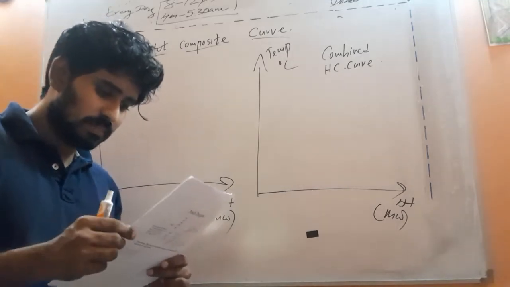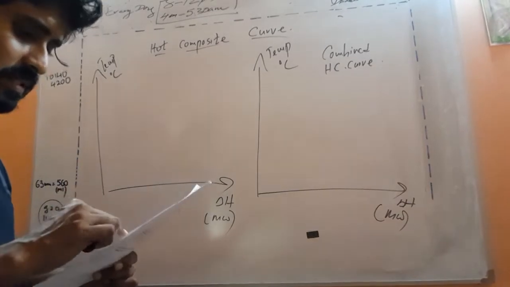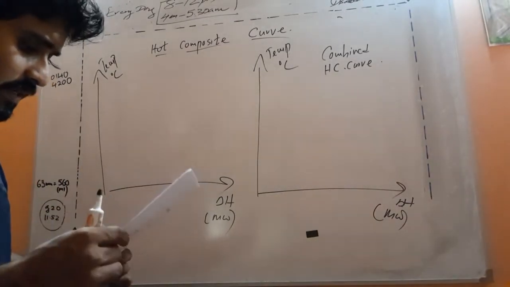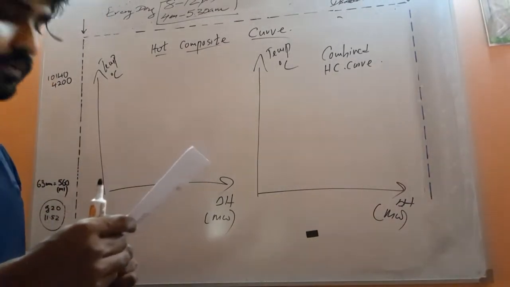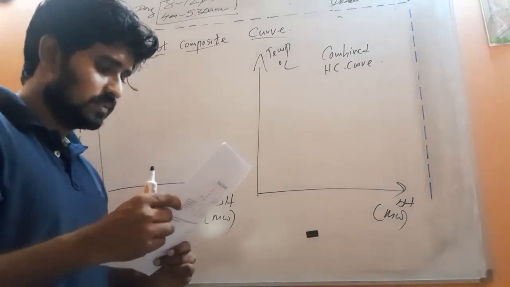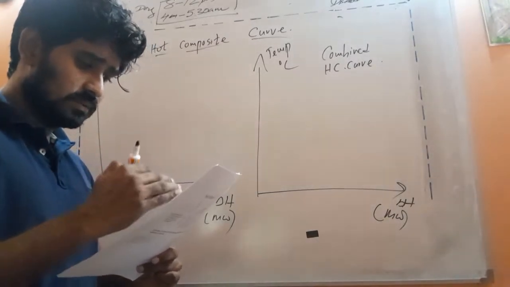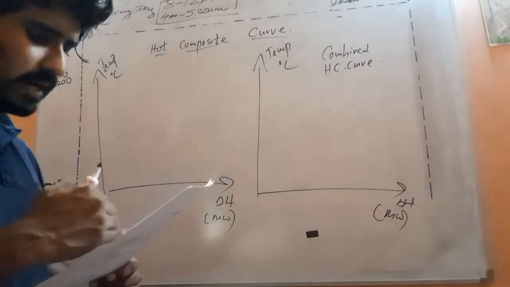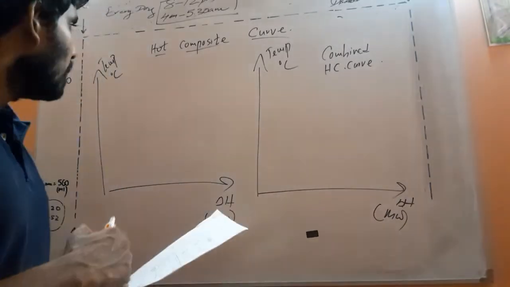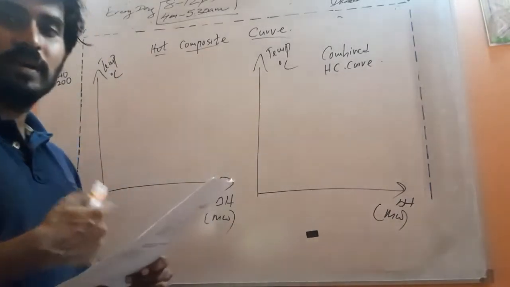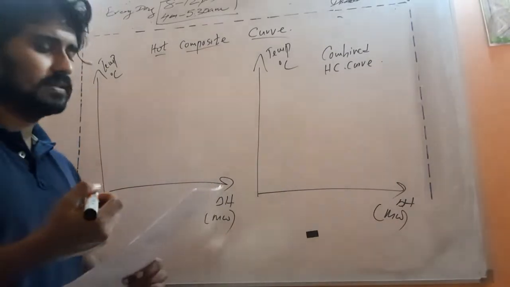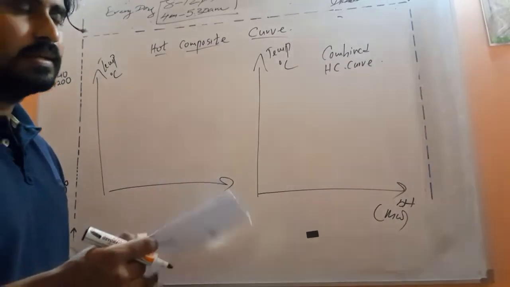There you can see supply temperature 250, target temperature 40 degrees Celsius. And the next process that we need for the hot composite curve is where we have supply temperature 200 and target temperature 80. So now the next thing you have to do is identify the temperature positions, right?